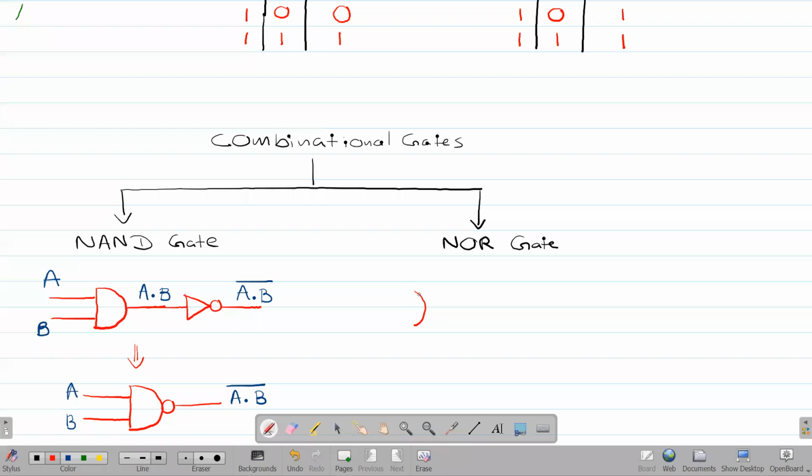We use an OR gate, and for the output of the OR gate, we fix a NOT gate in front of it.